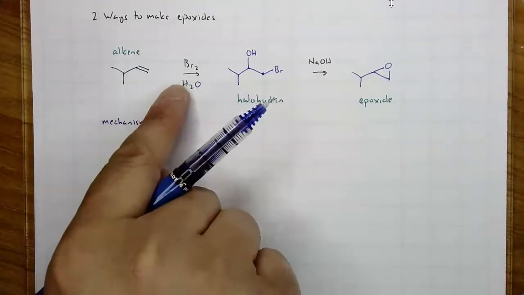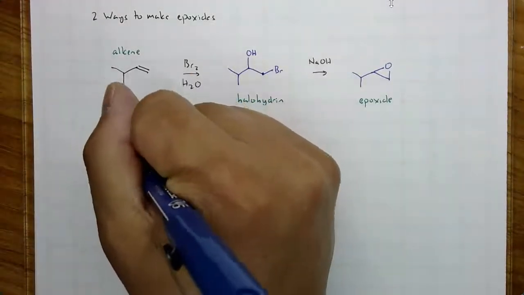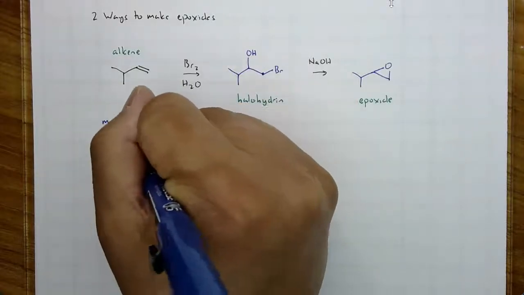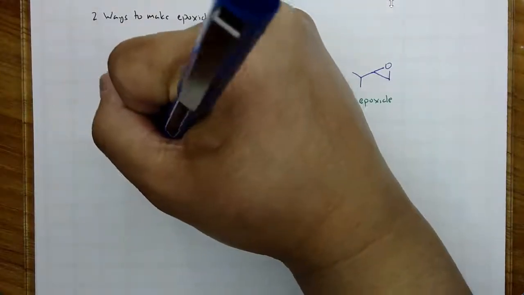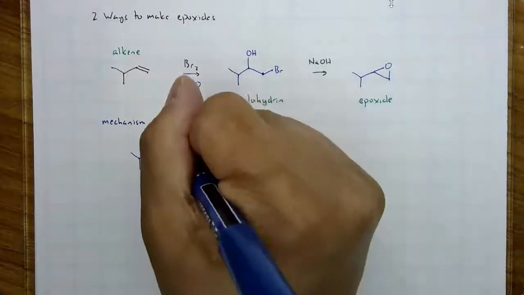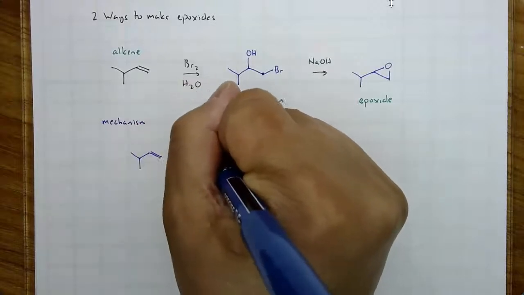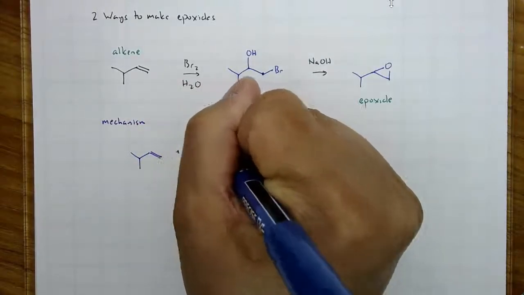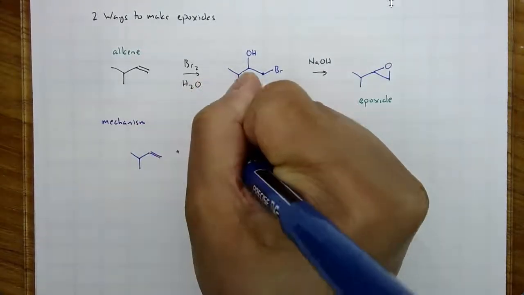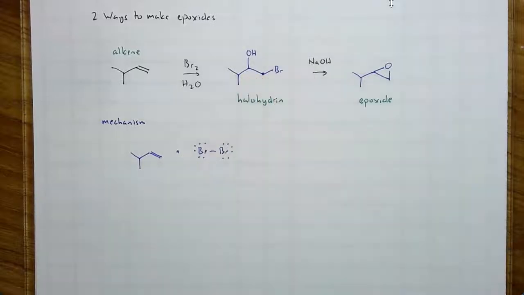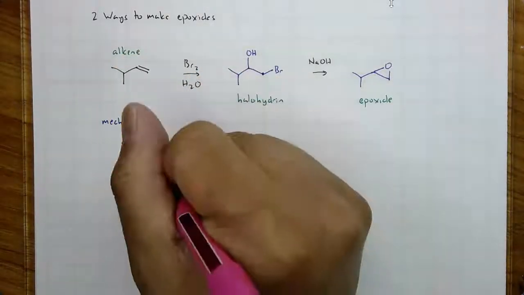Now, the mechanism for this halohydrin formation you've seen before in the alkene unit, but I'll do it again here. Remember this, you're going to make the bromonium ion or the halonium ion.